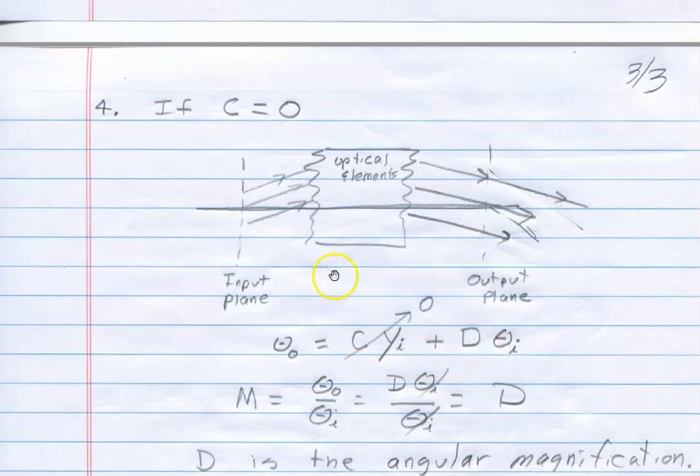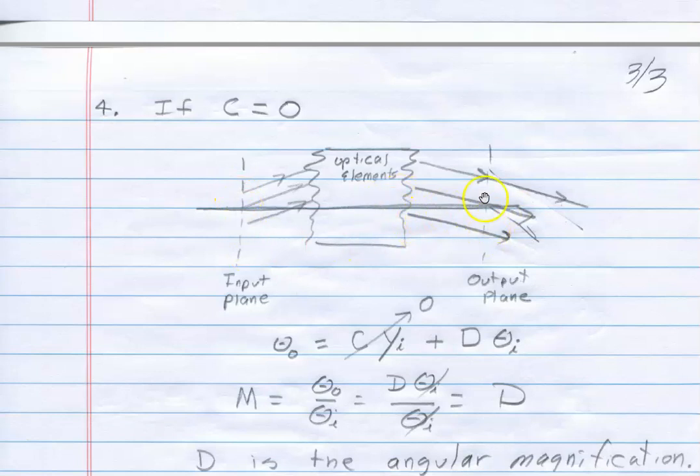Well, if I look at that, what that says is that if I have parallel light coming in here, they're all at the same angle theta_i, they're parallel, they all make the same angle with the optical axis. Then they will be output over here. If theta_i is the same for all of these rays, then they'll all be output, even though they have different y_i's over here.